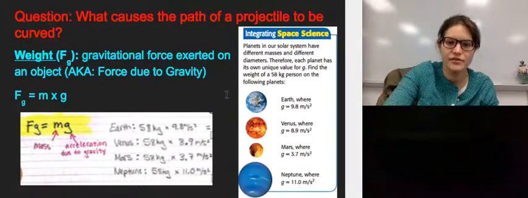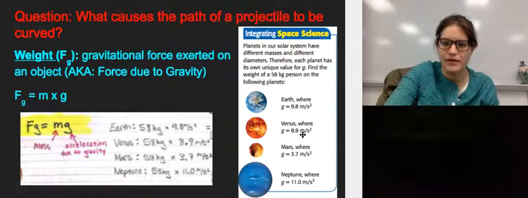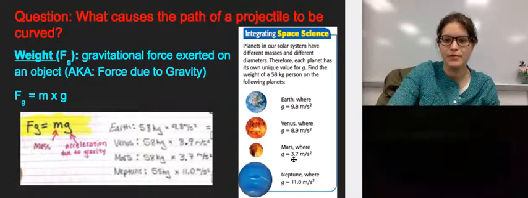Here on Earth, that value is 9.8 meters per second squared. On Venus, 8.9 meters per second squared. Mars, which is quite a bit smaller than the Earth, that is 3.7 meters per second squared. And Neptune, which is quite a bit larger than the Earth, is 11 meters per second squared.